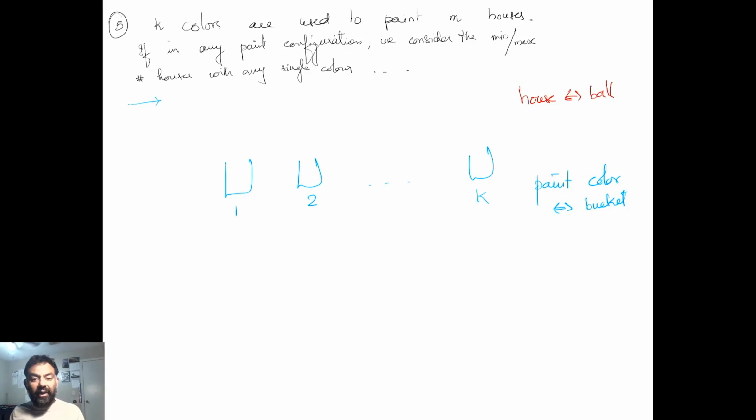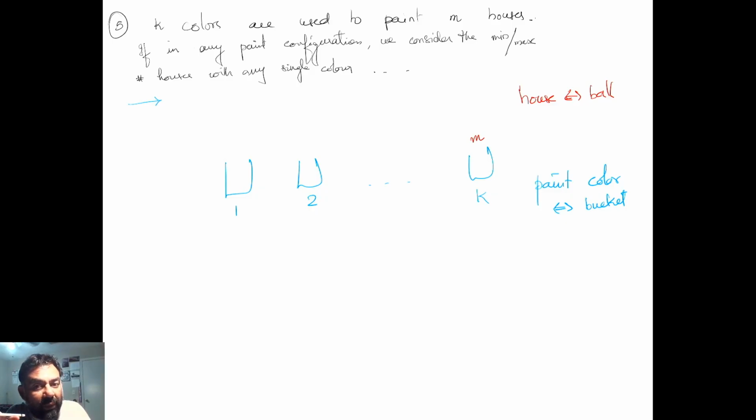So if you have m houses, what is going to happen? Each one of the houses will choose one of the k colors of paints, and depending upon whichever color the house is going to choose, it will fall inside that particular bucket, right? So now let's ask this question, that if you had k colors and if you painted m houses, then you can have a pathological case where you actually take all the m houses and paint them in one color, right?